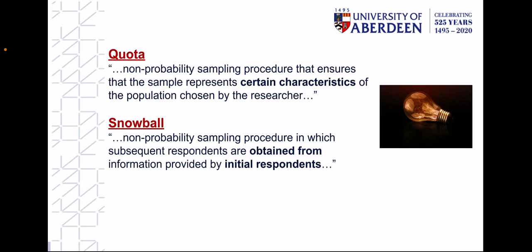When you finish with those, you ask those new contacts to identify further new contacts, and so on. Then you may stop when no new contacts are given, or when your sample becomes large enough.